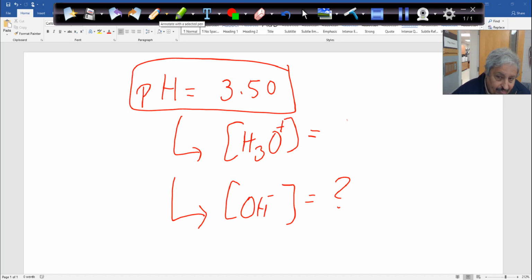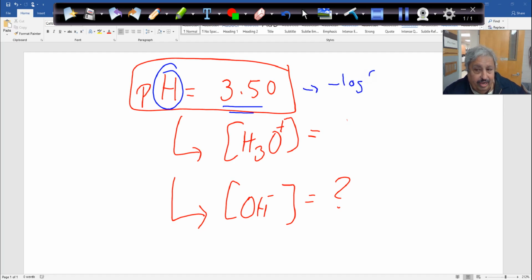So, if I have, this is the H, correct? Which is H3O plus. I need to get the concentration of H with this one here. Remember, this one here is minus log hydronium ion equal 3.50, correct? Then the hydronium ion concentration equals 10.